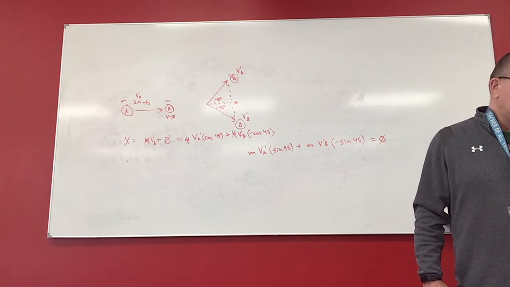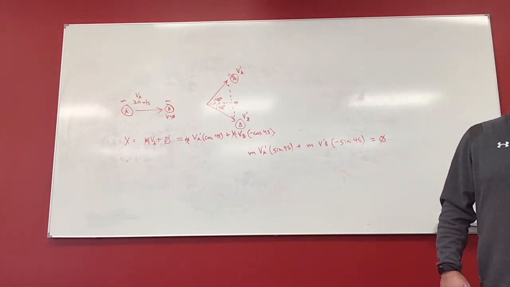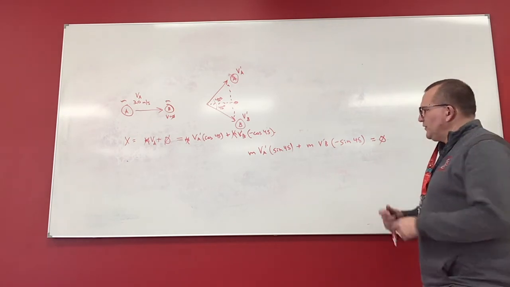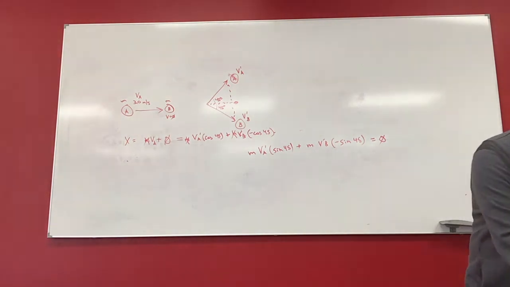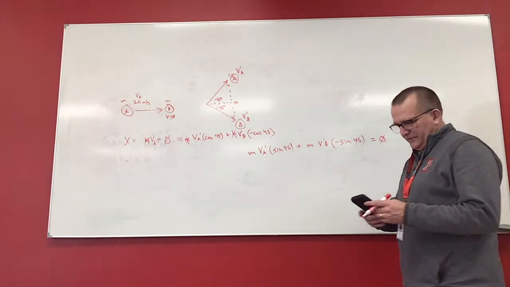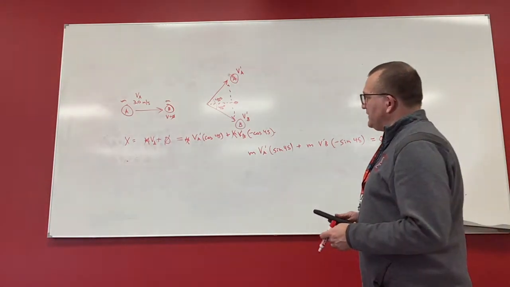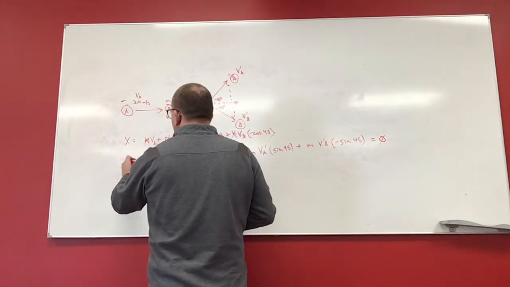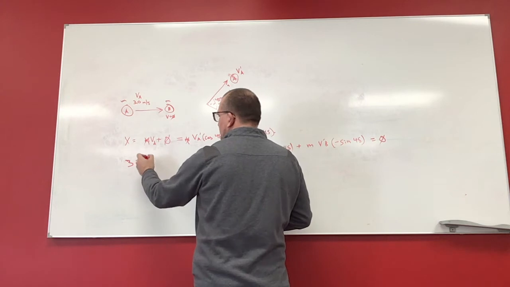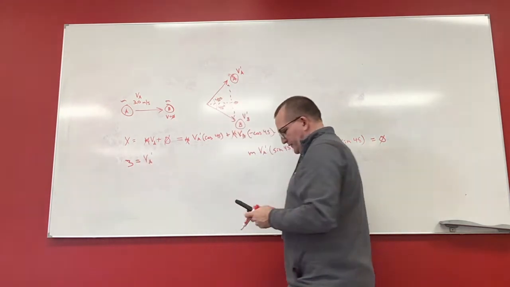I think you can, if we have a negative, so one trig function that comes into play here, and really what I would do if I'm solving this instead of trying to put everything in the equations is I would start to fill in numbers where I could. So here's what I know. I know VA is 3. So 3 is going to be equal to VA prime cosine of 45.